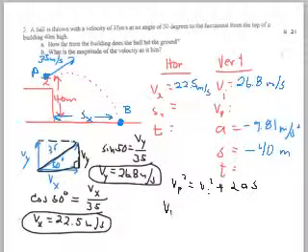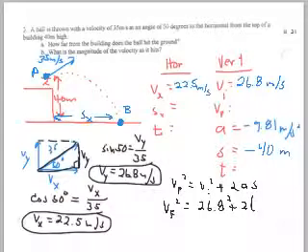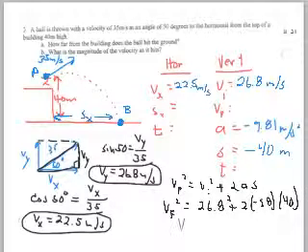V sub f squared equals 26.8 squared plus 2 times negative 9.8 times 40. So a little bit of math there, but v sub f will be a square root of a number, but it'll be plus or minus the square root, but I know I have to take the negative square root of my final answer here because the ball will be going in a negative direction when it lands.